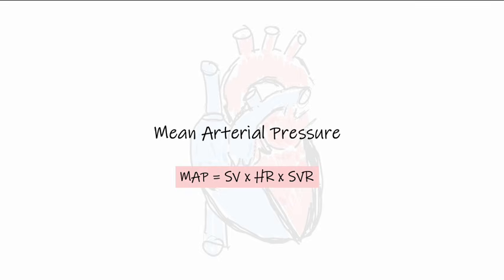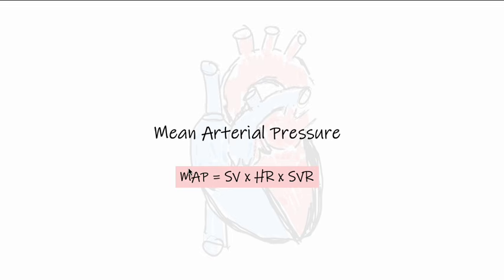Now, a formula which can help us understand mean arterial pressure is given here. This is a formula which you need to ingrain into your brain and understand these relationships, because this is the basis of cardiovascular physiology, and understanding this is necessary in order to understand the cardiovascular system and eventually treating cardiovascular disease.